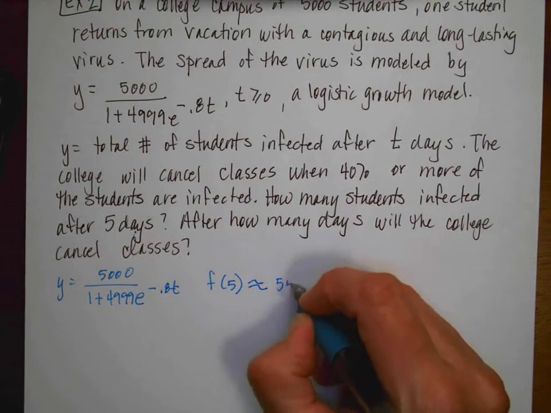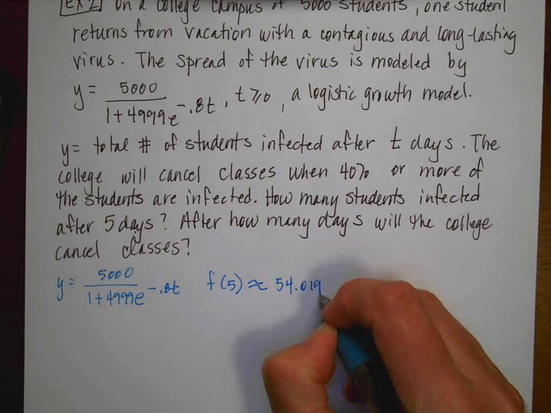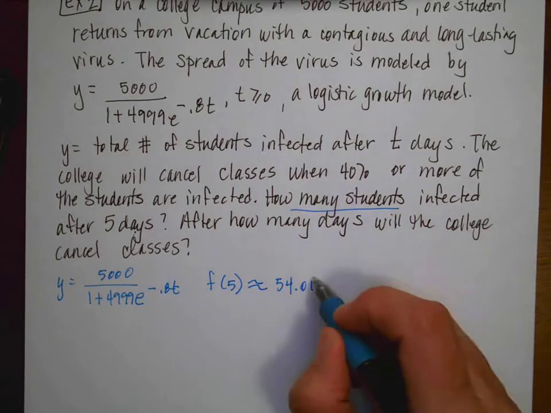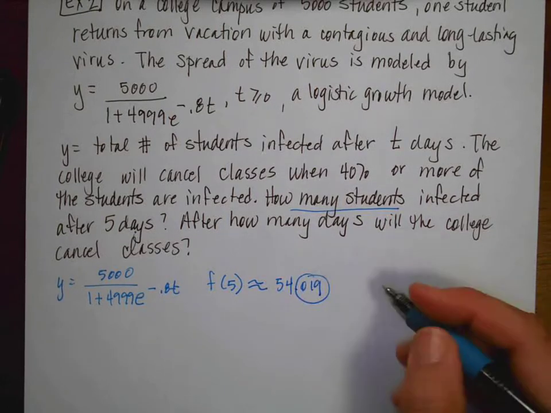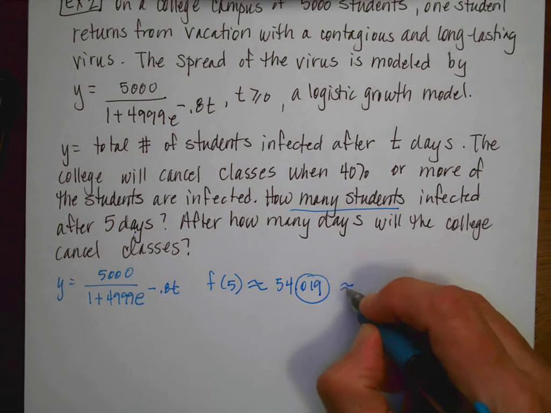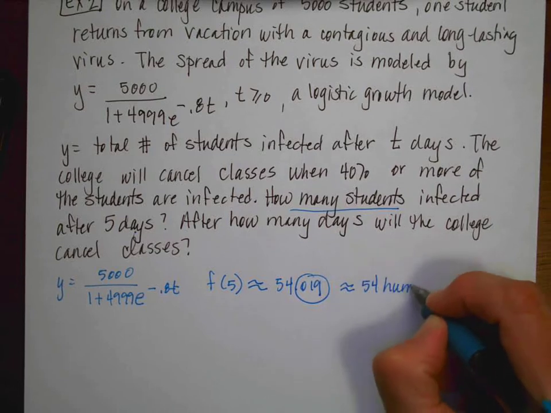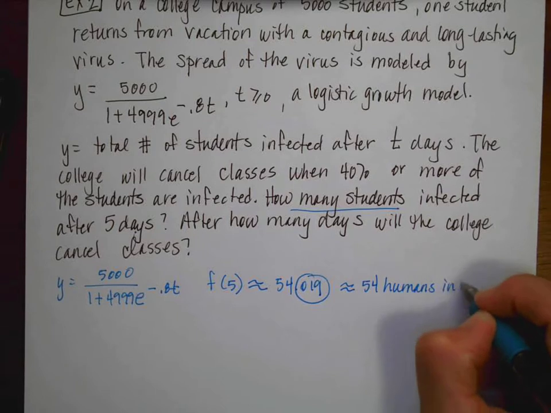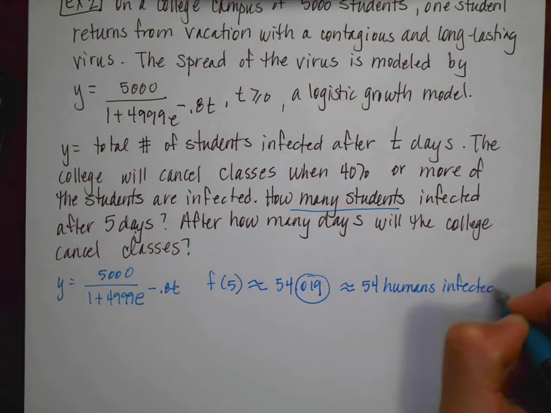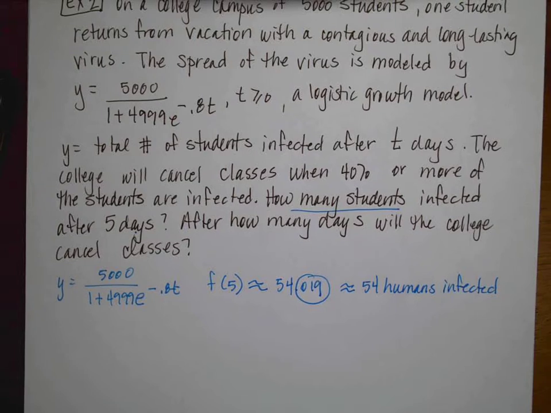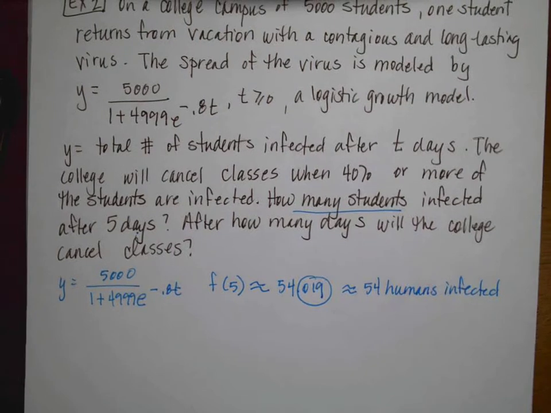I'm going to do all of it in my grapher, and I'm going to get 54.019. It says how many students, and because I'm talking about humans, 0.019 of a human is gross. So I'm going to say that after 5 days, there are 54 humans that are infected. Okay? So in 5 days, we went from 1 to 54.